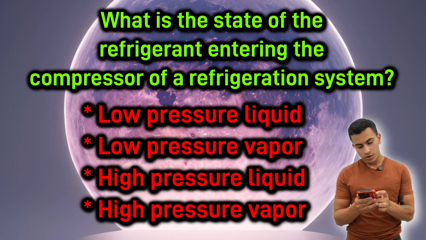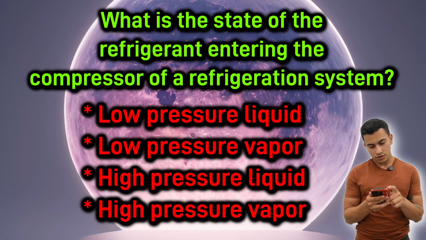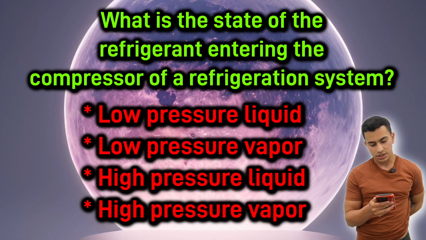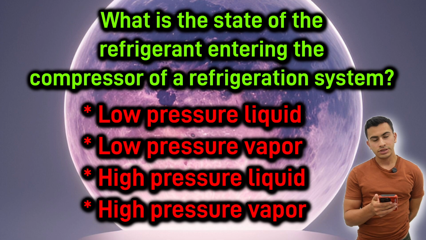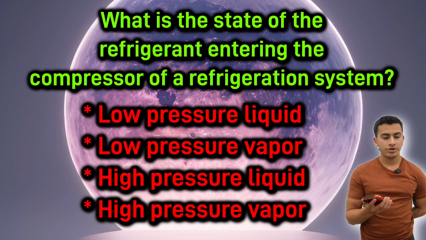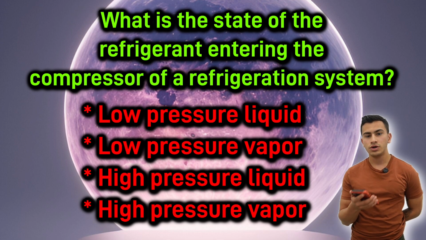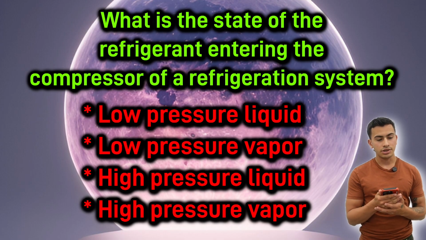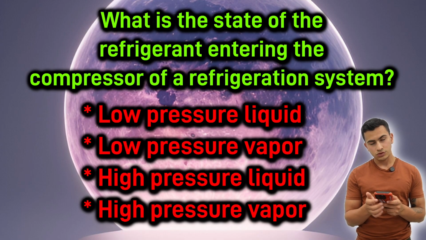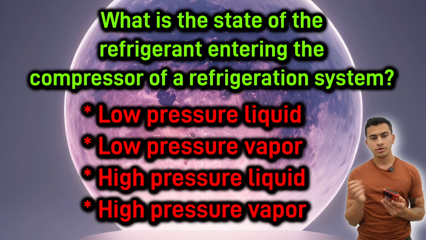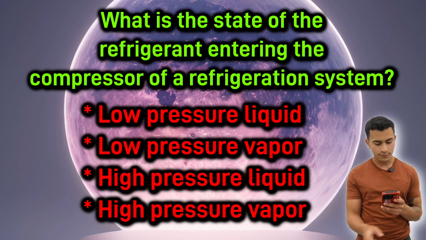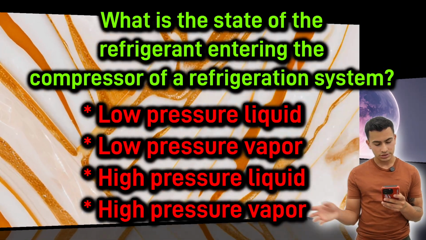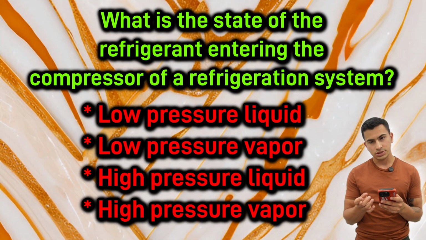Now, number 4. What is the state of refrigerant entering the compressor of a refrigeration cycle? You never want to have a liquid enter the compressor. You always want to have vapor. So low pressure liquid, no, that has liquid.